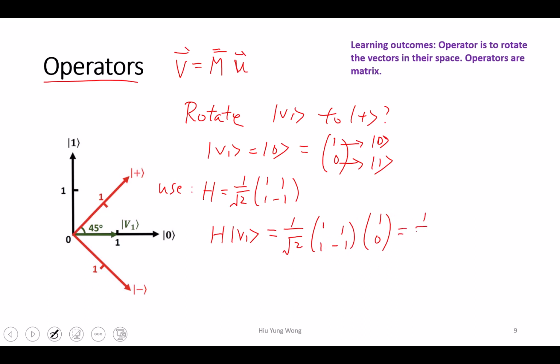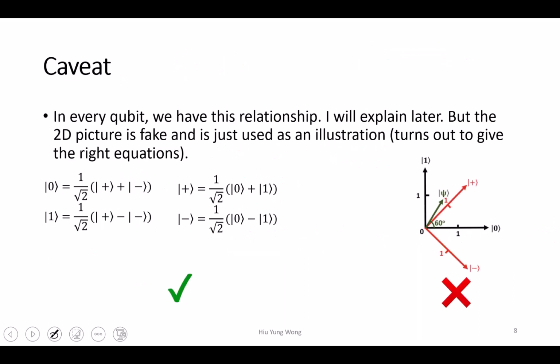So this gives me 1 over square root 2 times 1, 1, right? And if you remember, we just told you earlier, this is just equal to 1 over square root 2 times 0 plus 1, yeah? What is 1 over square root 2 times 0 plus 1? It's just plus, right?